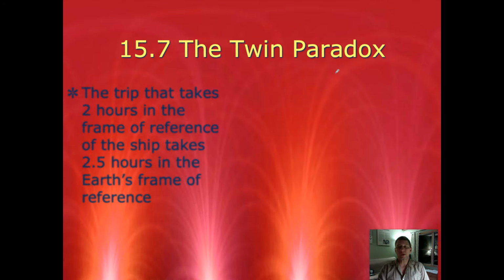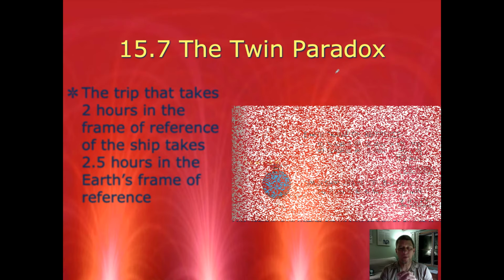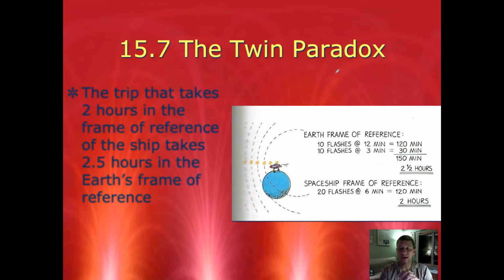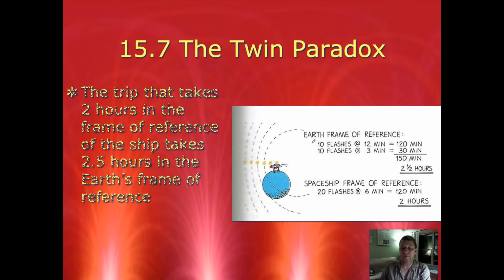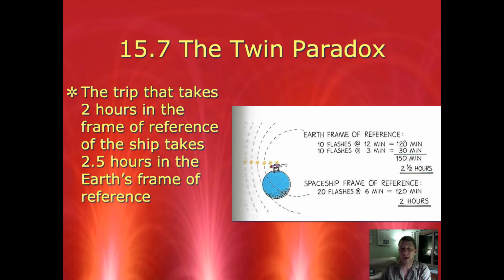Now, this is where it gets interesting, because in the end, the amount of time that the observer on Earth takes to see all 20 flashes is going to be 150 minutes. Think about this. For the first hour of the spaceship's journey, he's going to see 10 flashes 12 minutes apart.